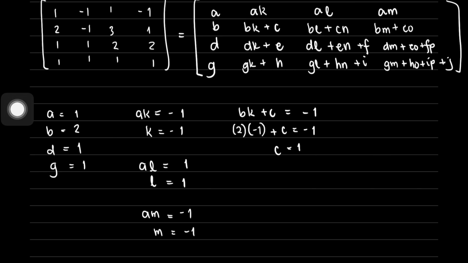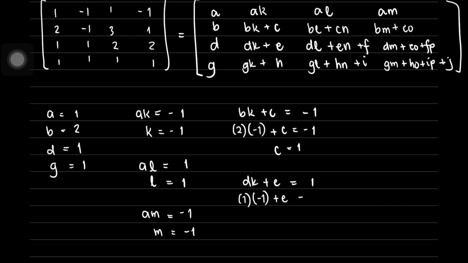Because if we transpose negative 2 to the right side, negative 1 plus 2 would be equal to positive 1. For dk plus e, that's equal to 1. d is equal to 1, k is equal to negative 1, plus e, so this is equal to 1. And since this is negative 1, if we transpose it to the right side, we have 1 plus 1.